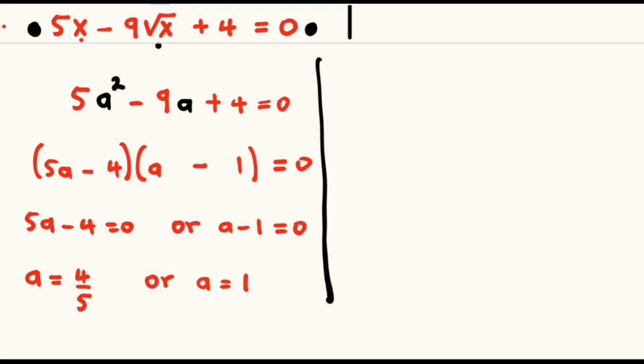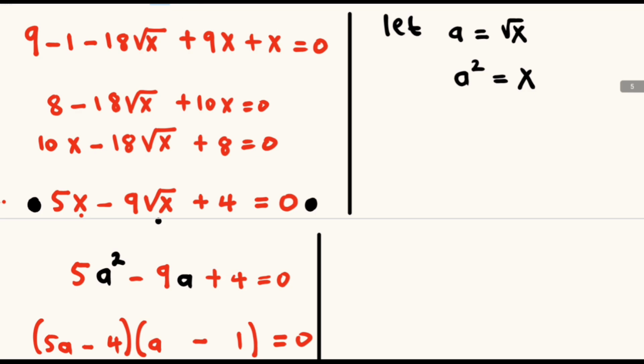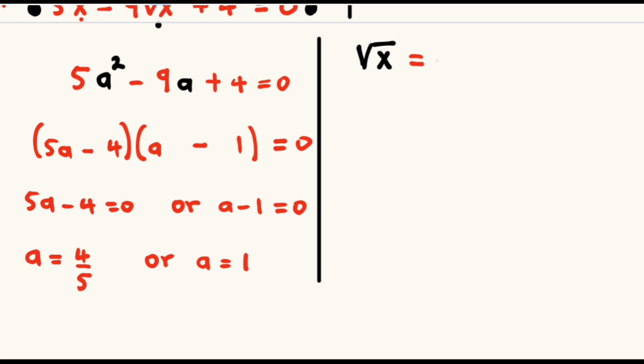But in the place of the a, we are going to substitute back. So in the place of the a, we substitute the square root of x, and this is equals to 4 divided by 5. Squaring both sides of the equation, our x will be equals to 4 squared, which is equals to 16, divided by 5 squared, which is equals to 25. Since a is equals to 1, in the place of the a, we substitute back the square root of x is equals to 1.